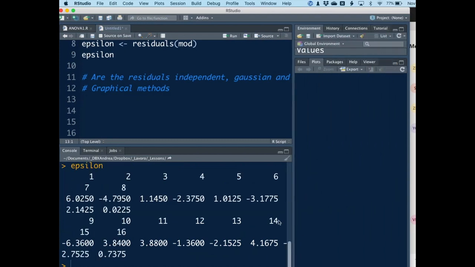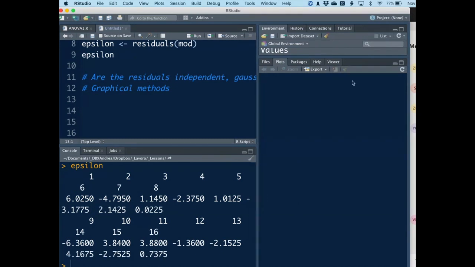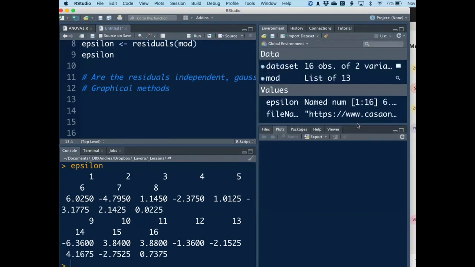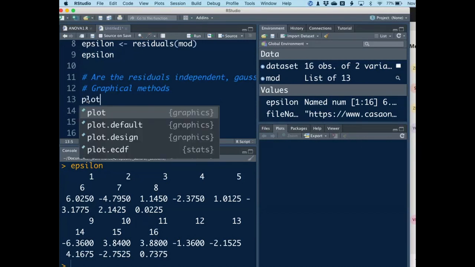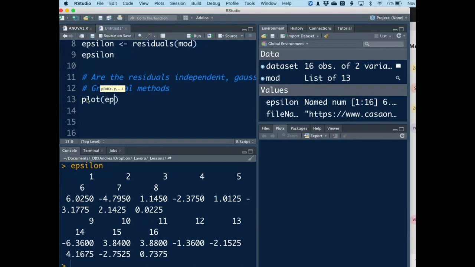I need to open the graphical window here, otherwise you don't see anything, and neither do I. We can plot the epsilon against, so you see epsilon as a function of, same syntax here. It's a formula.